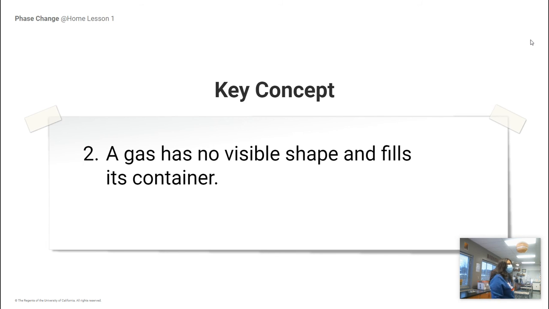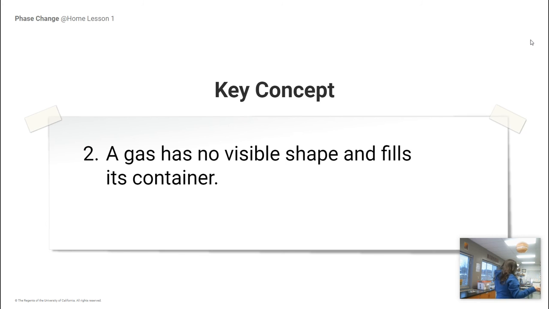A gas has no visible shape, and it fills its container. So right now, you can't see the oxygen in the room. The oxygen in the room is zooming all around. Gases move super fast. We'll talk more about that. But it's zooming all around the room. So the oxygen is taking the shape of the room. It's like a square shape. And it's filling the room.